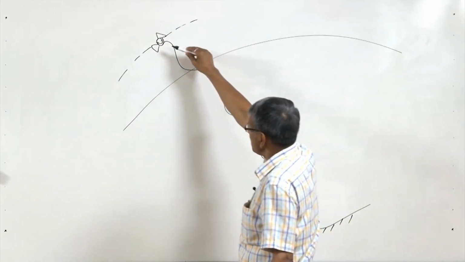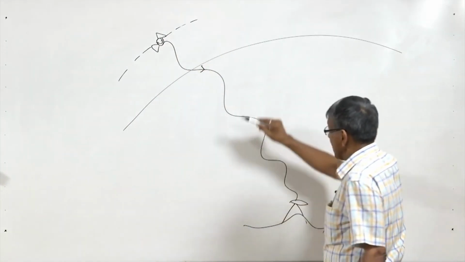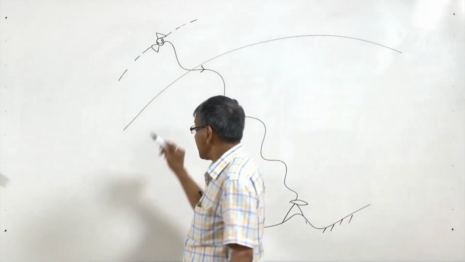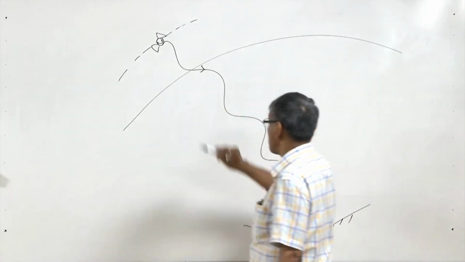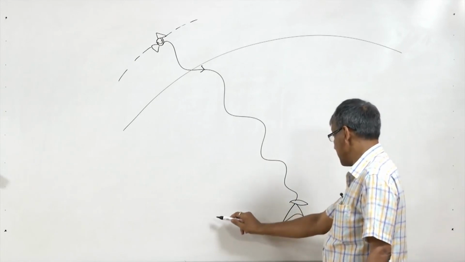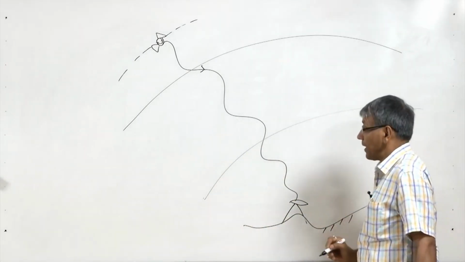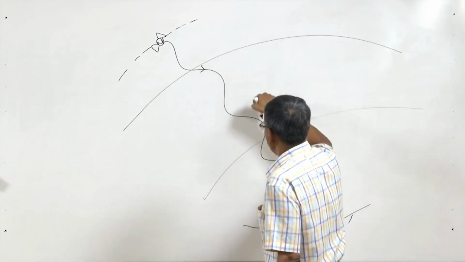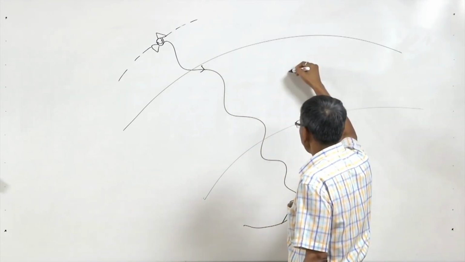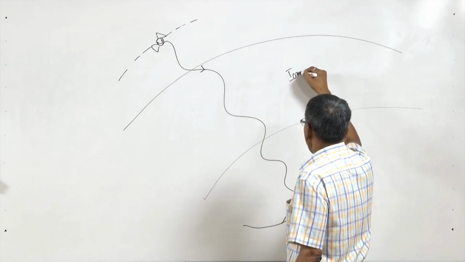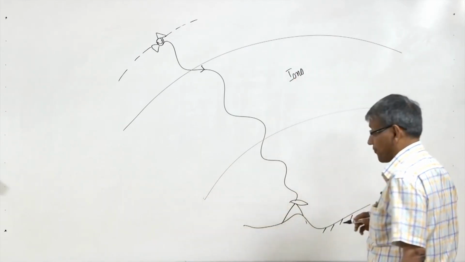Now as it travels through the atmosphere, there are different types of interactions of this signal with the atmosphere. So depending upon the type of interaction, there are 2 types of atmospheric errors. One is in the ionosphere and another is the troposphere.